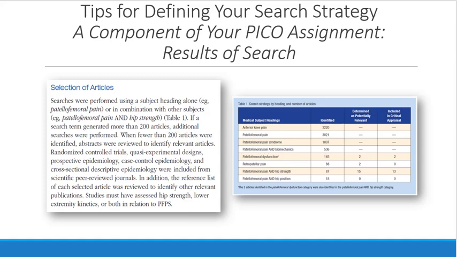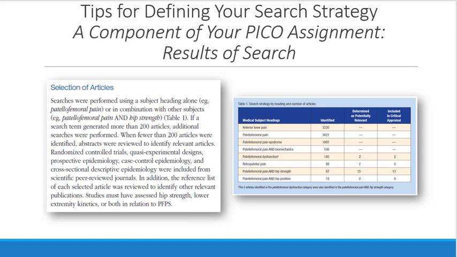So I wrote here that for this particular systematic review, this is a different one, looking at patellofemoral pain and the use of hip strengthening exercises. I highlight that if a search term generated more than 200 articles, additional searches were performed.